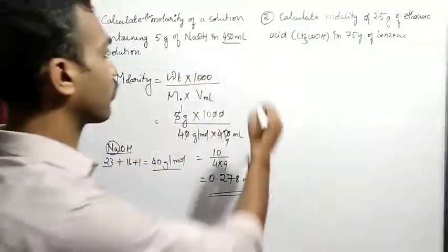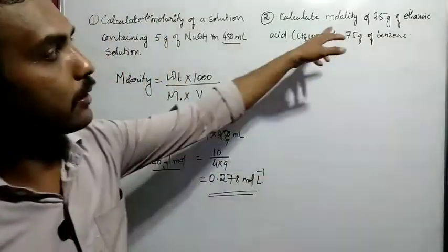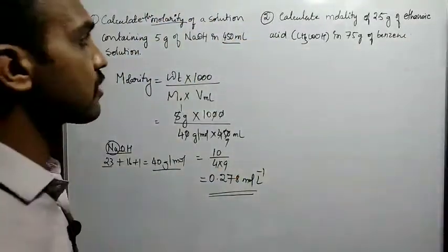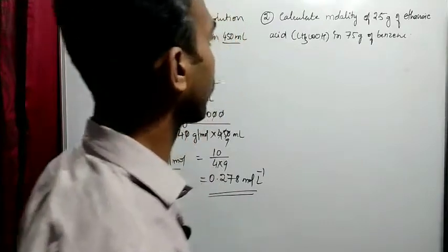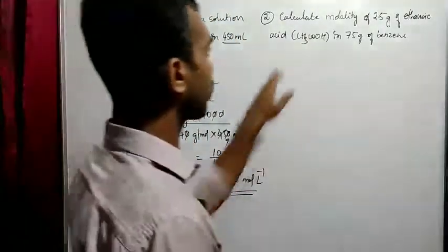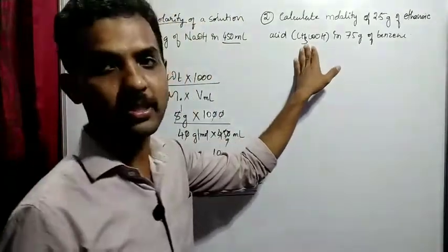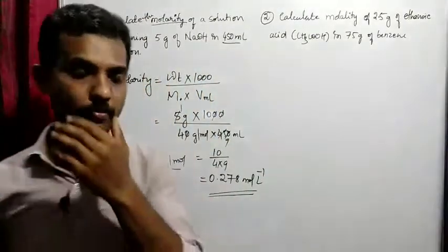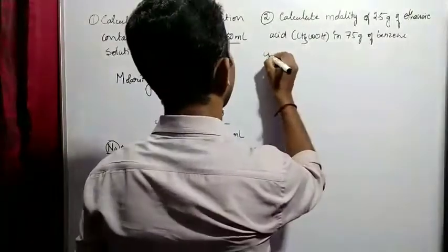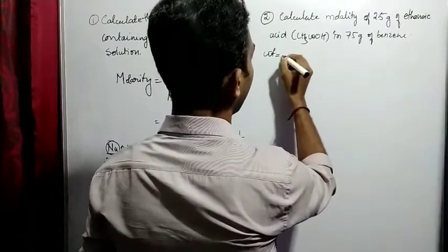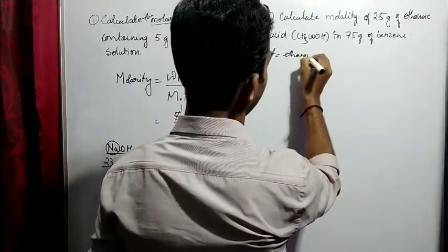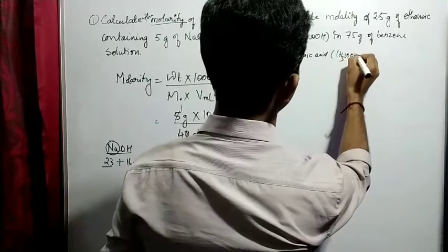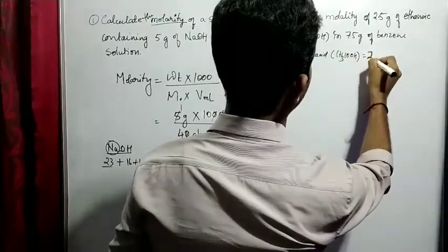Okay, so the same way we are going forward. The second problem: calculate the molality. Molarity is different and molality is different. The molality of 2.5 gram of ethanoic acid, CH3COOH, in 75 grams of benzene. So the weight of the solute, ethanoic acid, CH3COOH, is 2.5 gram.